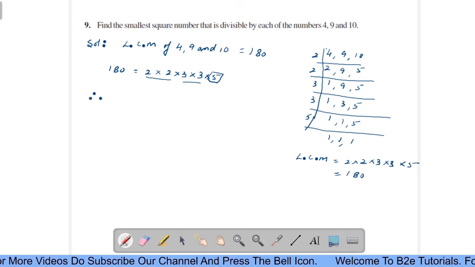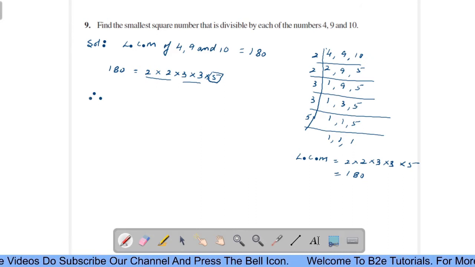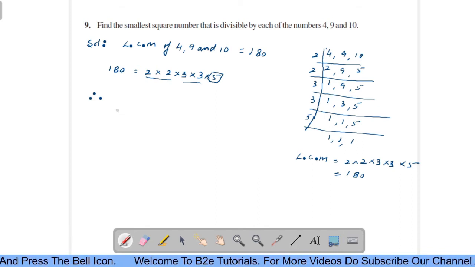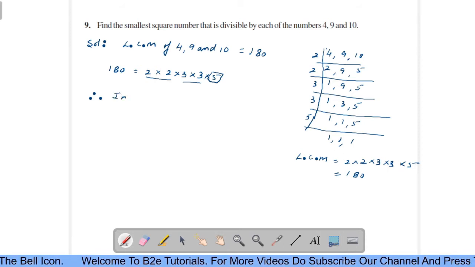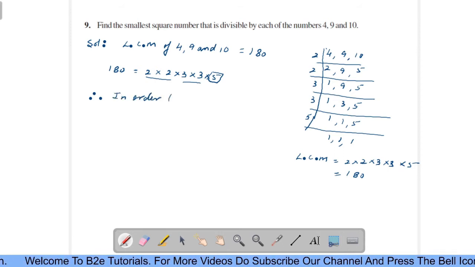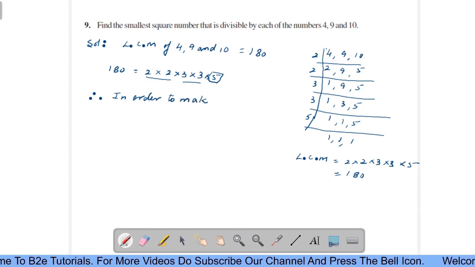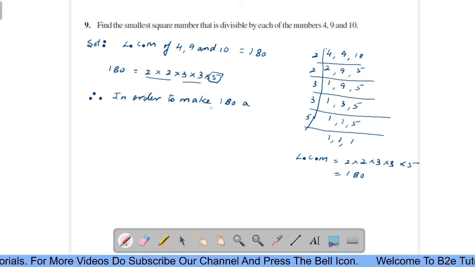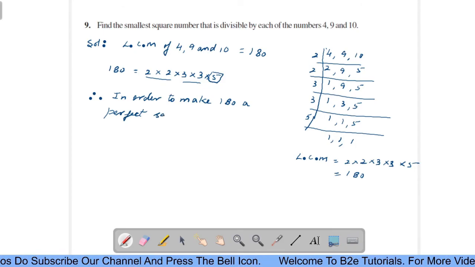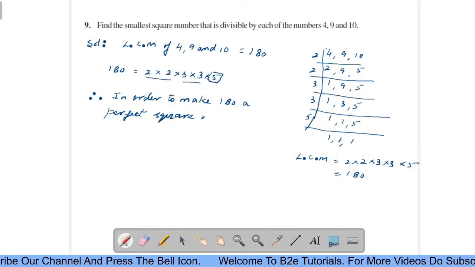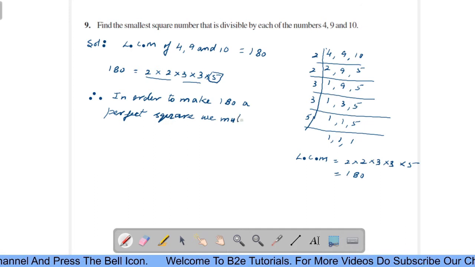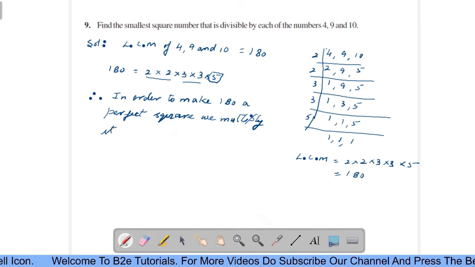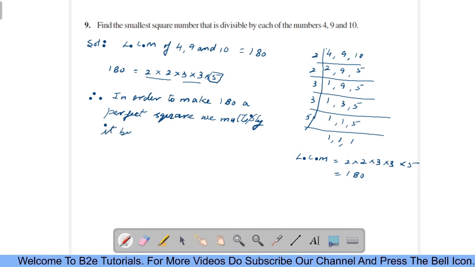In order to make it a perfect square, we have to multiply this number by 5. Therefore in order to make 180 a perfect square, we multiply it by 5.